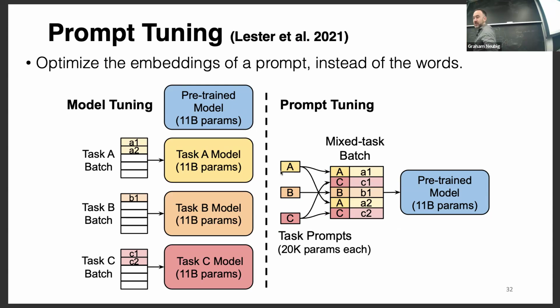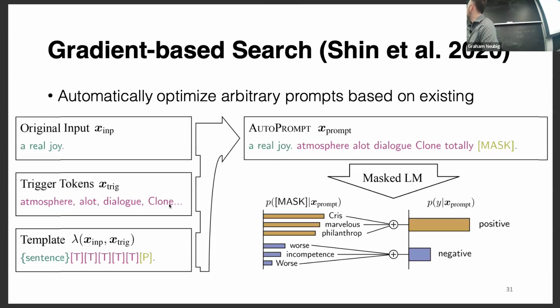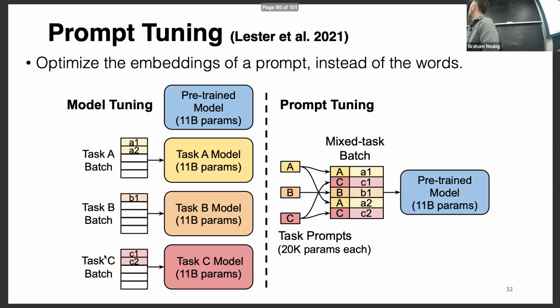What I mean by that is that right here, it's optimizing T1, T2, T3, T4, T5, and then clamping that back to atmosphere, a lot, dialogue, clone, totally. But just keep them as is and don't worry about them actually being a token in the model. Because if you have control over your model, you can just add them as new elements in the vocabulary and you're fine, right?